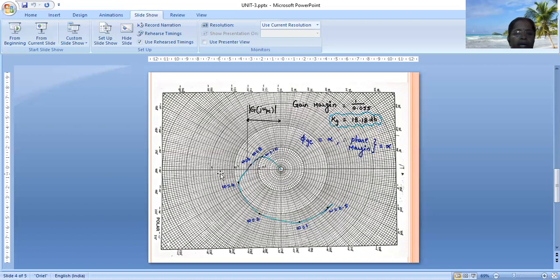So for 0.732 and nearly 41 degrees, I marked here. Similarly, mark the remaining points. After marking all the points, you have to connect all the points using only freehand. Don't use any scale. Just join all the points. Once you join, you will get the plot like this.